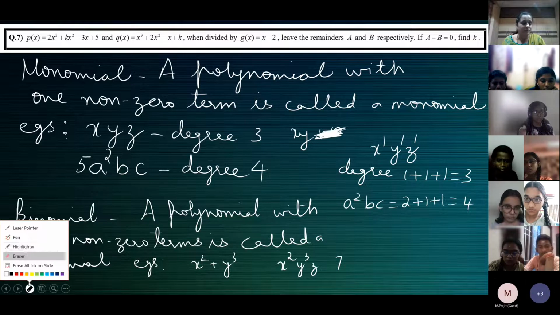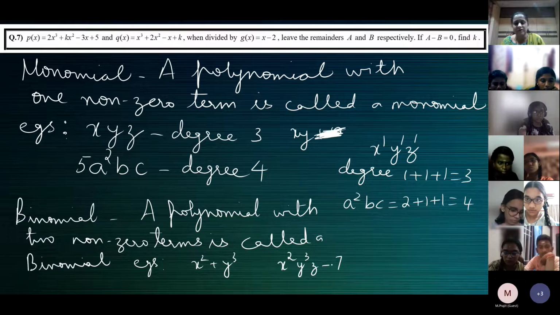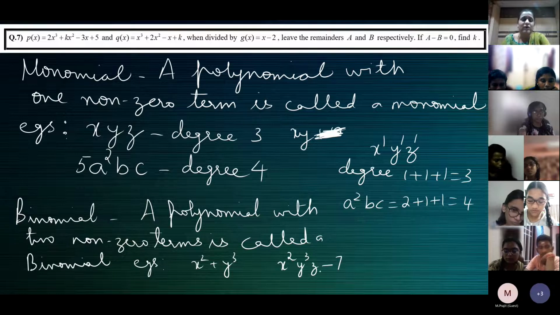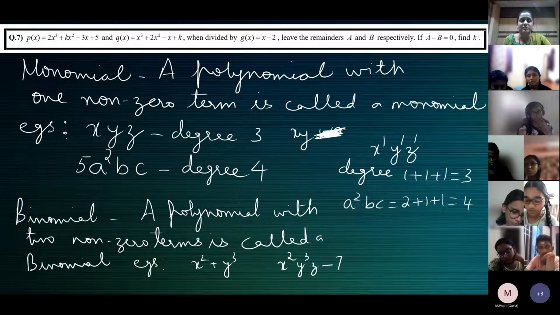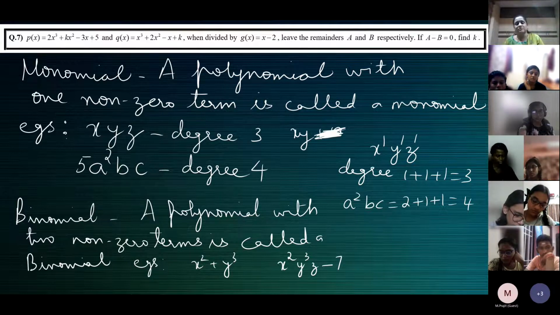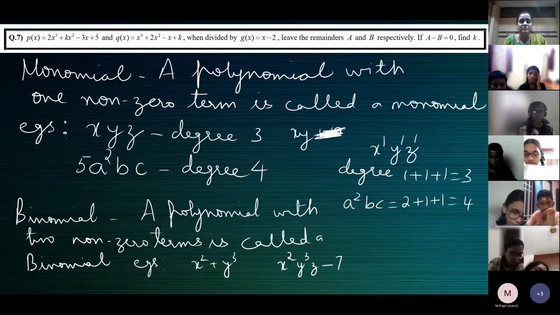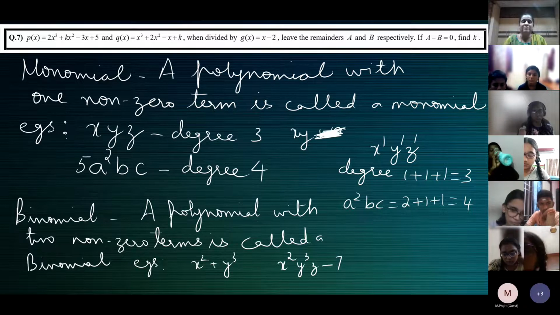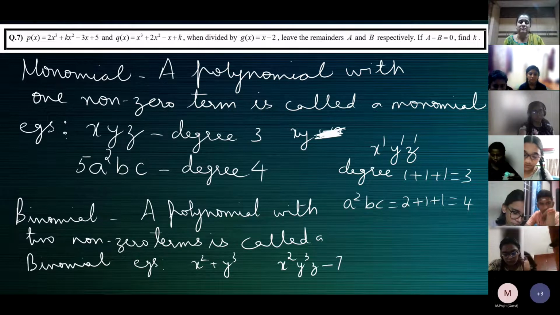Plus or minus is a separator. So x square y cube z minus 7 is a binomial because there are two terms. x square y cube z is one term, 7 is the other term. It is a binomial because there is no zero term. If I say minus 0, take away that minus 0, it's only a monomial.